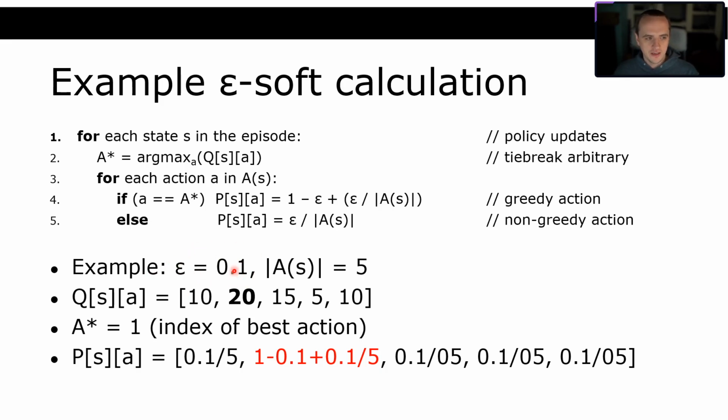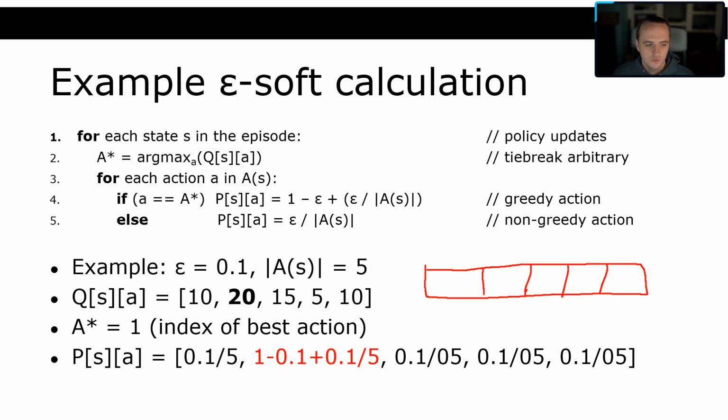That means with 90% probability, we want to choose the best action, the greedy action, right? If we have 5 actions, and with 10% probability we're going to choose a random one, what is the probability that I choose any specific one of those on the random action? Well, it's 1 over 5, because we have 5 actions.